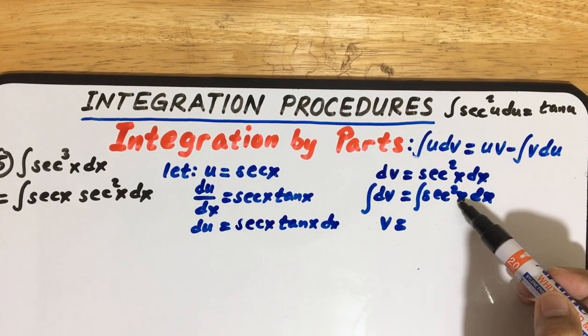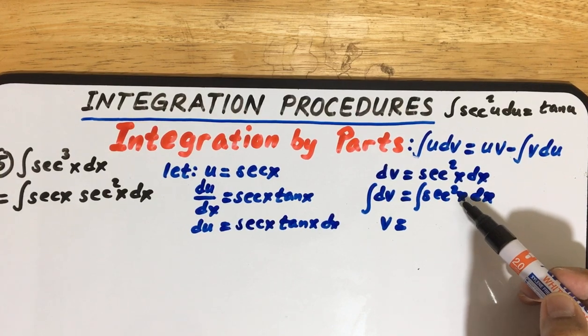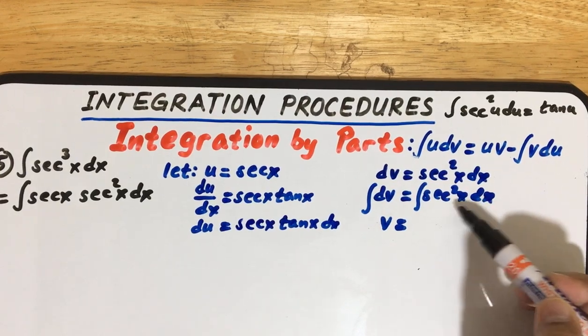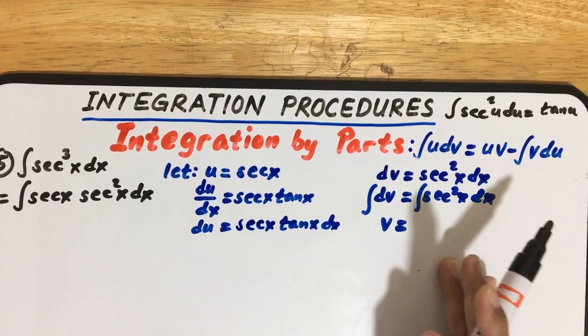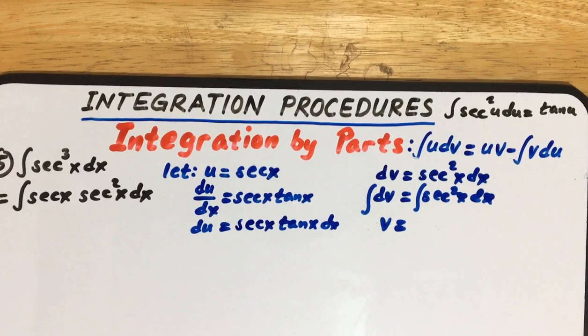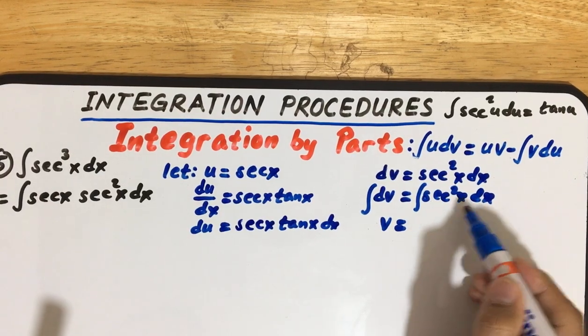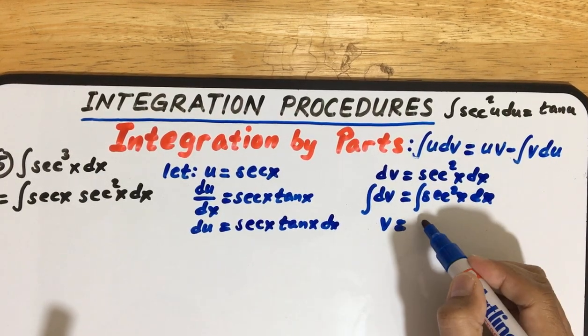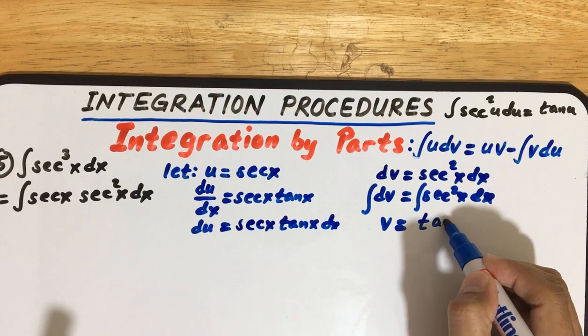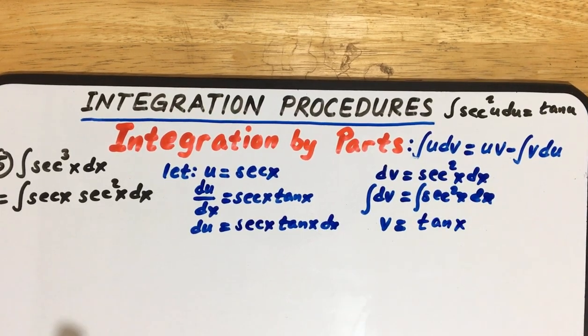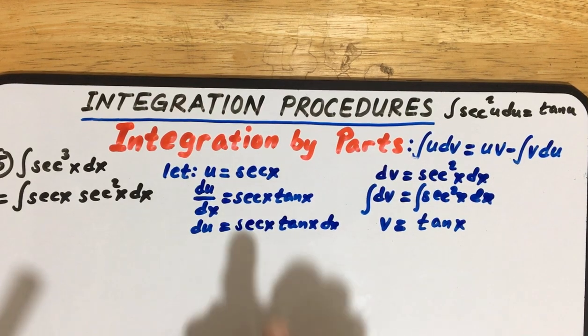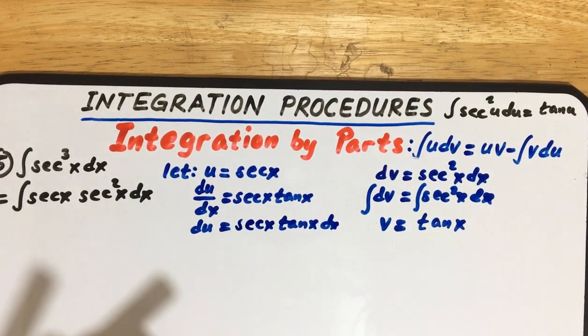Since here we can consider u equal to x, the differential of x is equal to dx. So this is surely a perfect du, and therefore we can use this formula. So when you integrate dv, which is equal to v, when you integrate secant squared x dx, this is equal to tangent x. Alright? So summarizing our result.